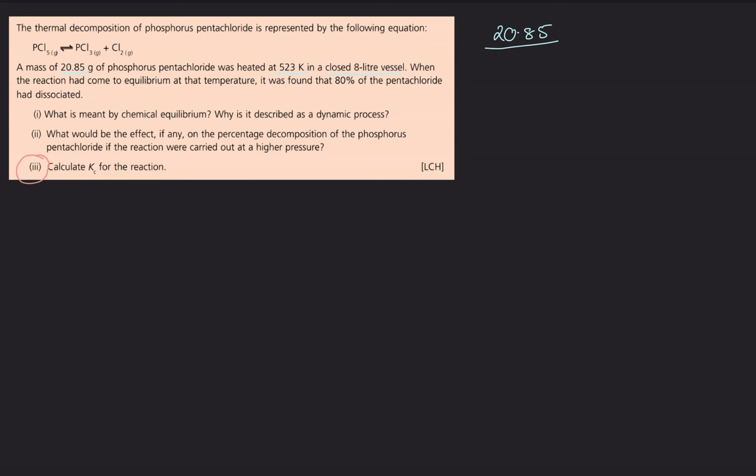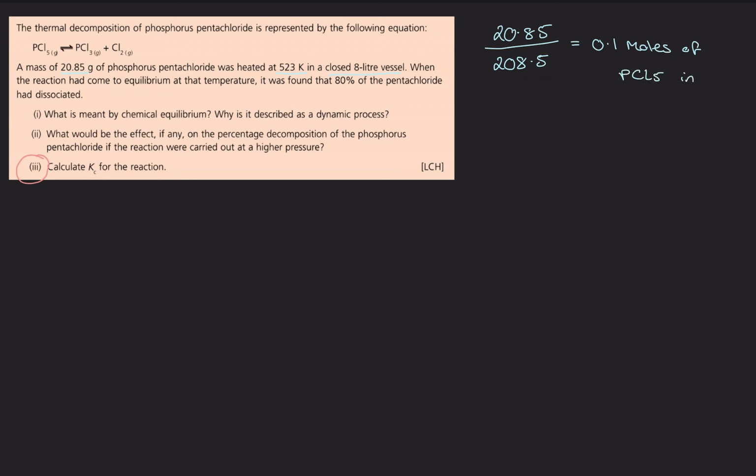Just get the masses and you'll find that to be 208.5. Mass divided by the relative molecular mass is going to give you the number of moles of that substance present.